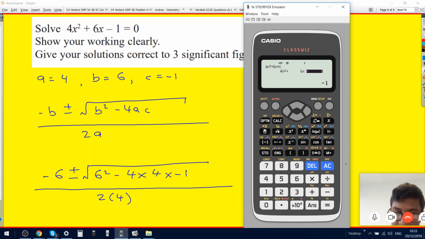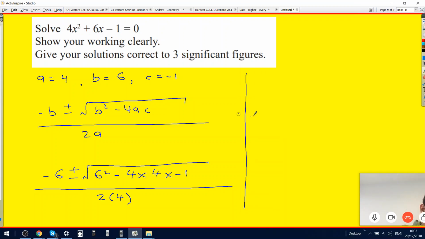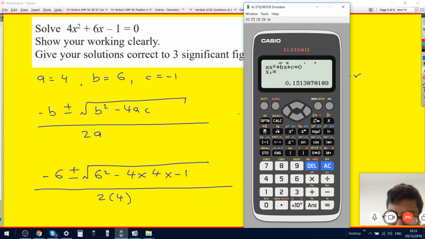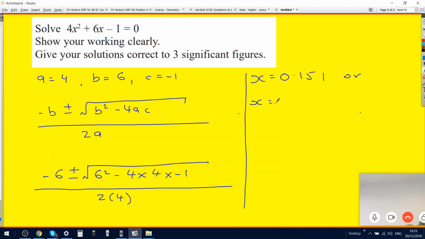So we get 0.151 for x1, and x2 is minus 1.65. They have no idea that you didn't do it the longer way, and if you did, you would have gotten the exact same numbers.